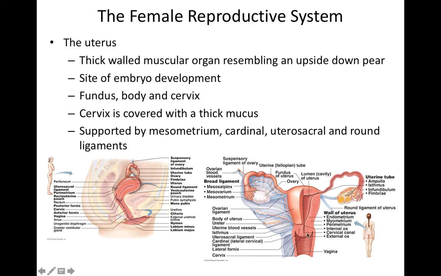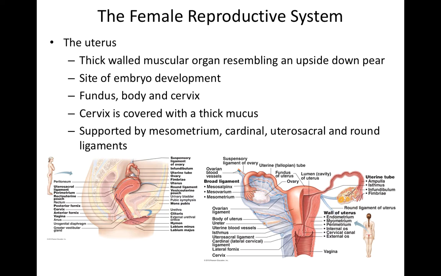Now, the vagina is open to the outside world, and the uterus, via the uterine tubes, is open to the pelvic cavity, which means we're going to need to have some pretty significant protection at the opening of the uterus to make sure that anything from the outside environment doesn't have a clear passageway into the pelvic cavity of the female.